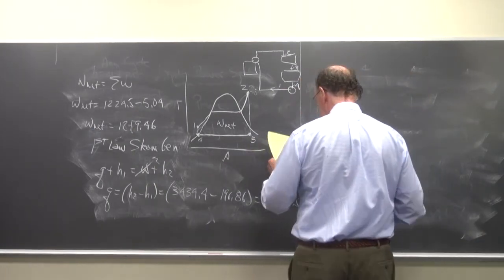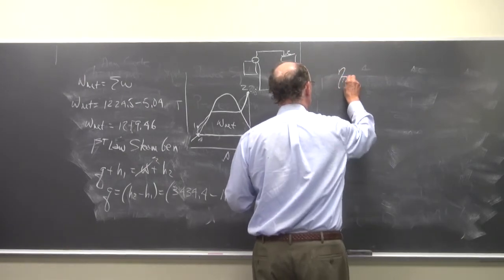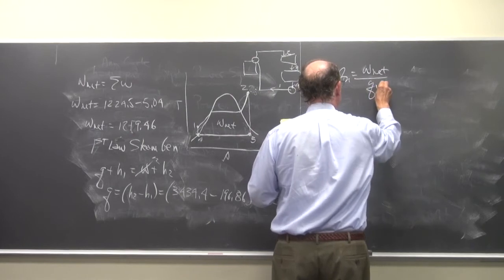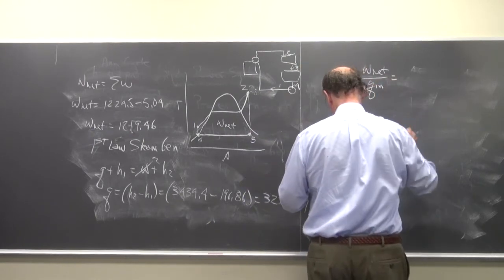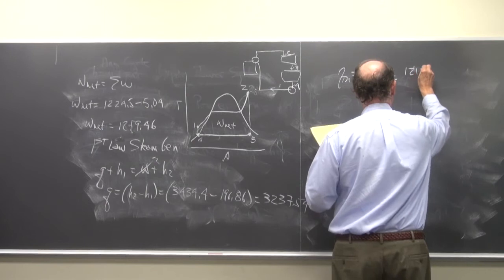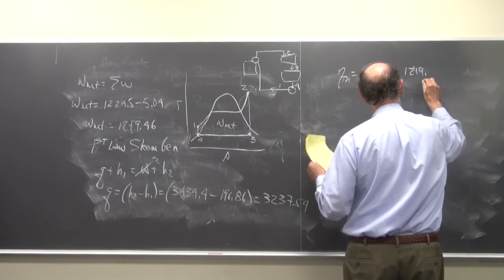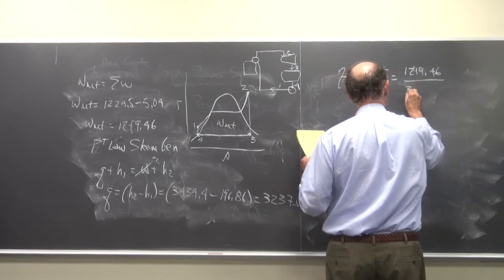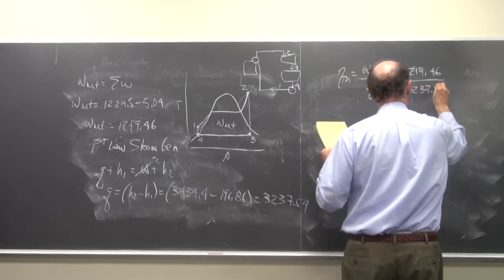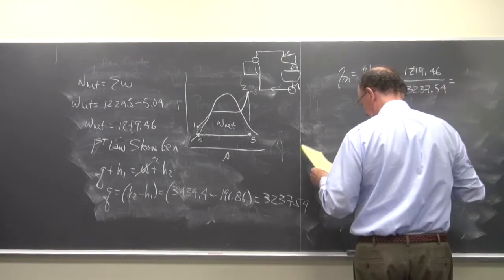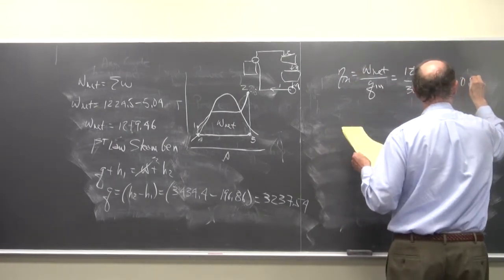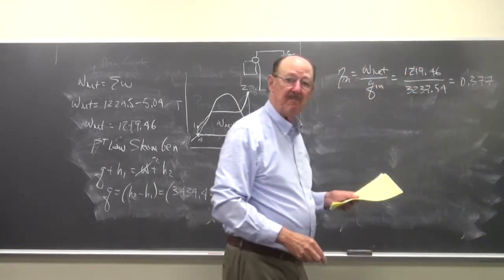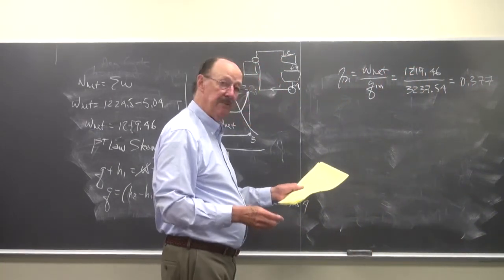So the thermal efficiency is W net over Q in, which is 1219.46 divided by 3237.54, which is 0.377. So 37.7% of the heat in got converted into work.